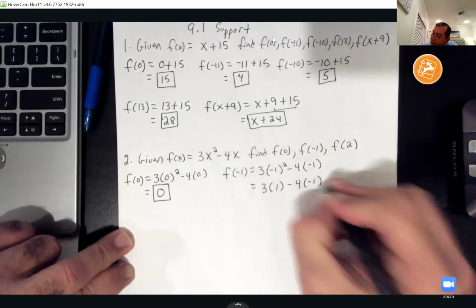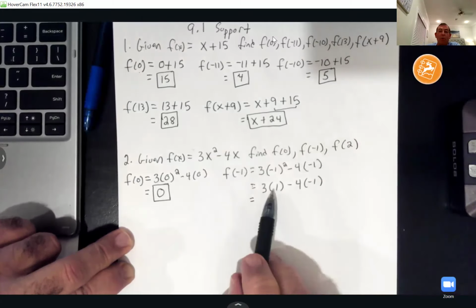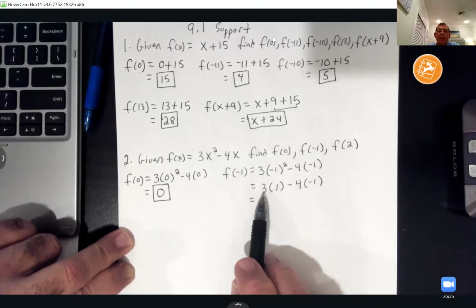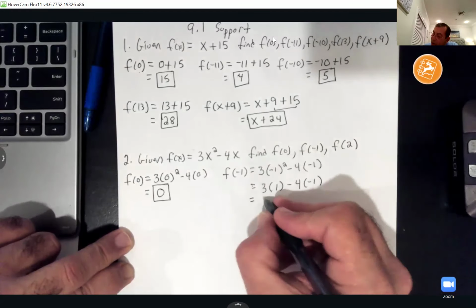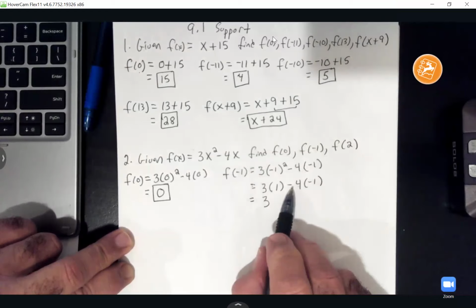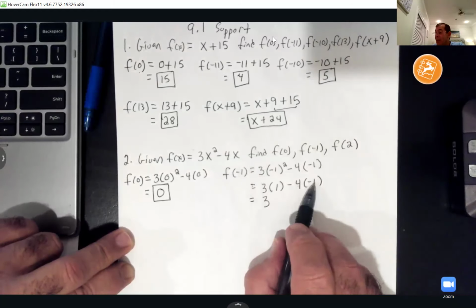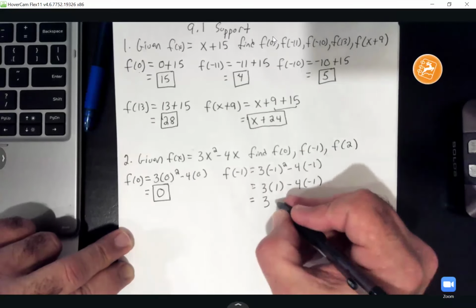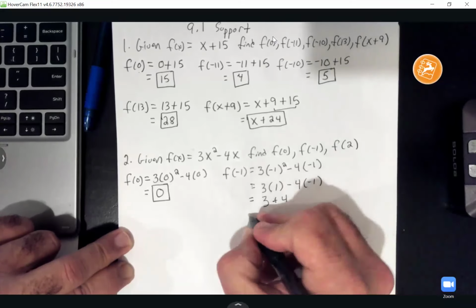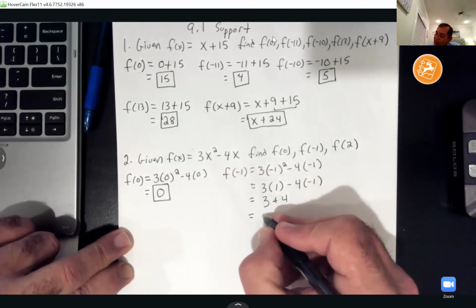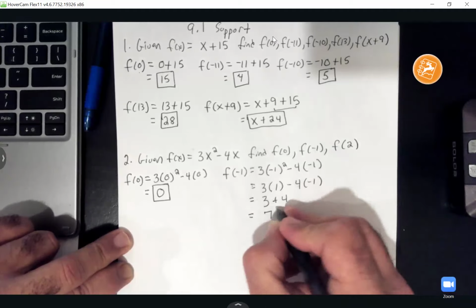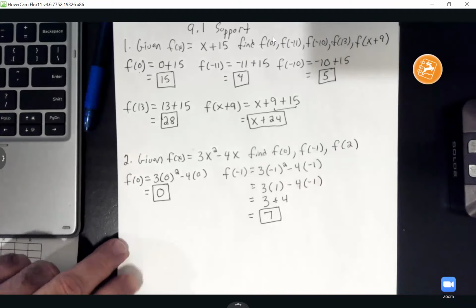All right, so now I'll multiply this stuff. 3 times 1 will give me a 3. This is like a -4 times a -1, which is plus 4. And y'all, 3 plus 4, final answer of 7.